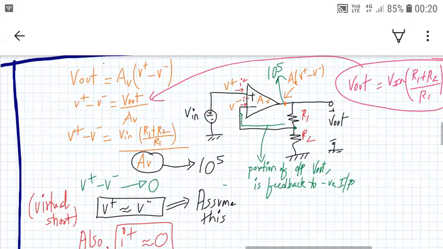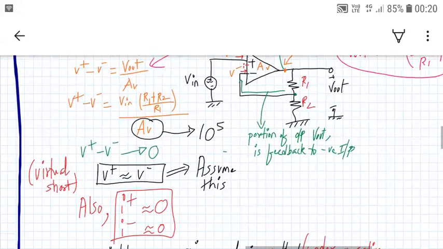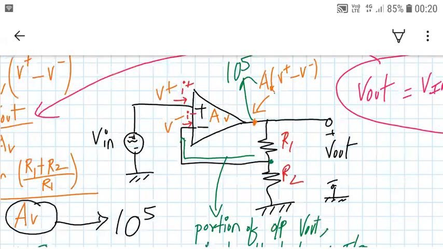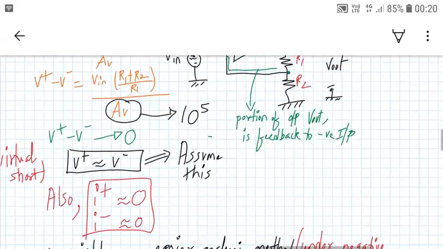Now also, I plus and I minus is approximately equal to 0, because just now we have seen that the input impedance of the op-amp is very high, so the op-amp doesn't draw any current at its input terminal. Hence we can safely write I plus and I minus equal to 0. So these three constraints make our job extremely simple.